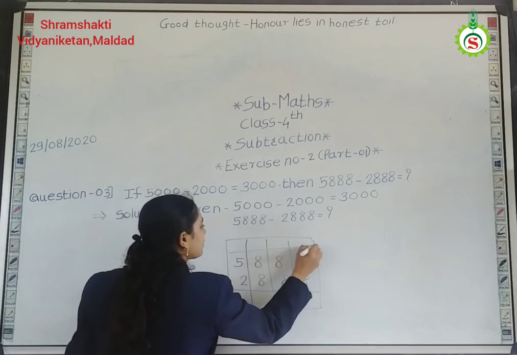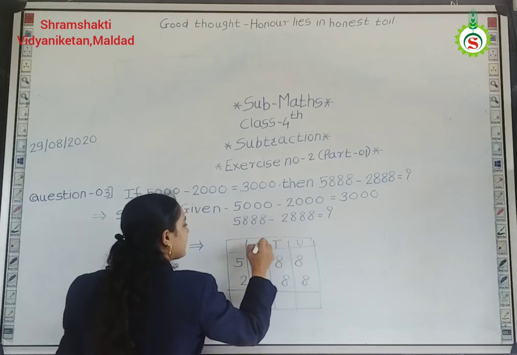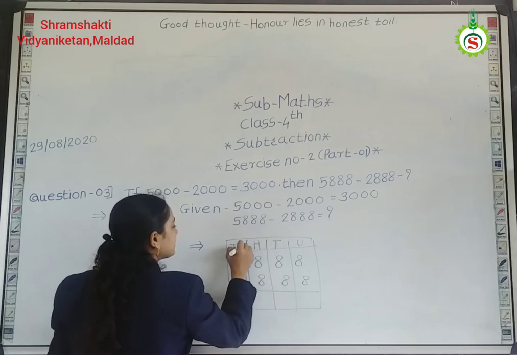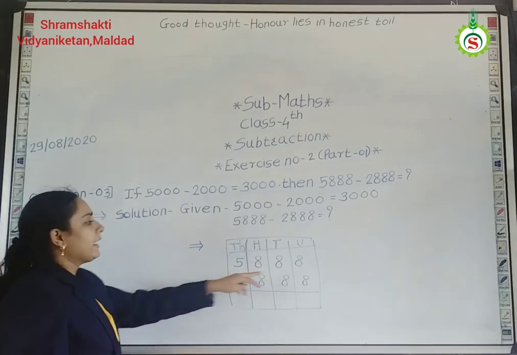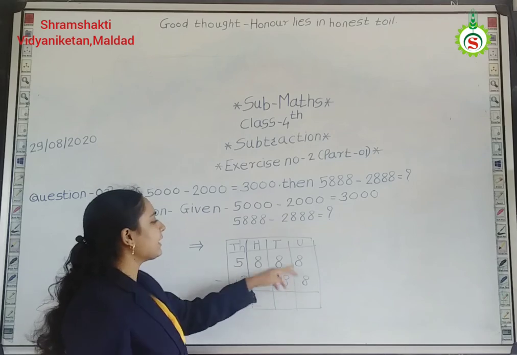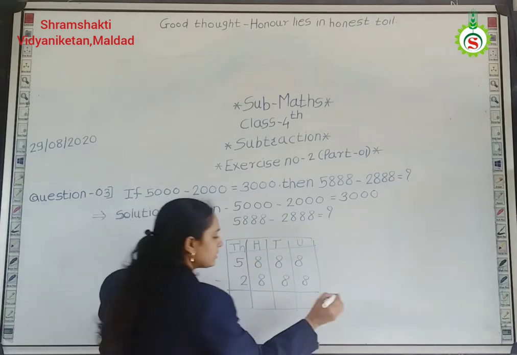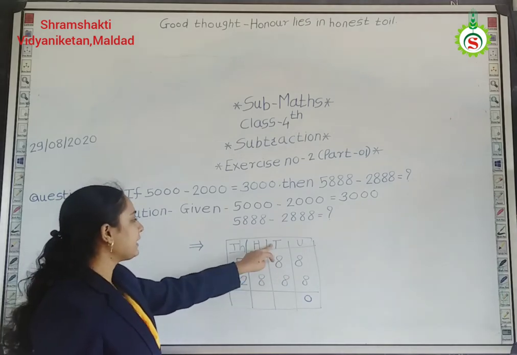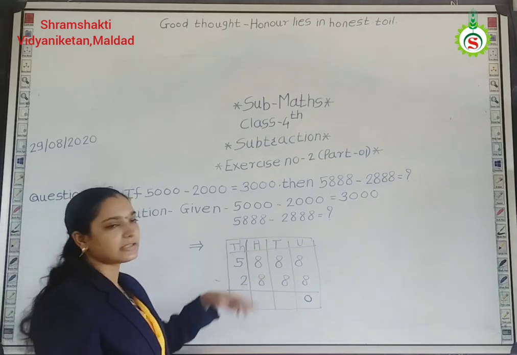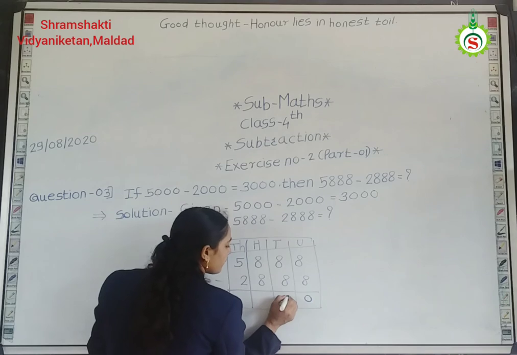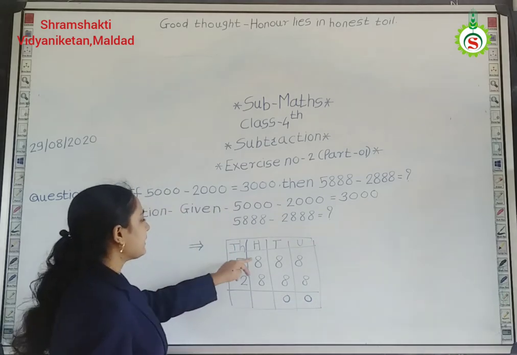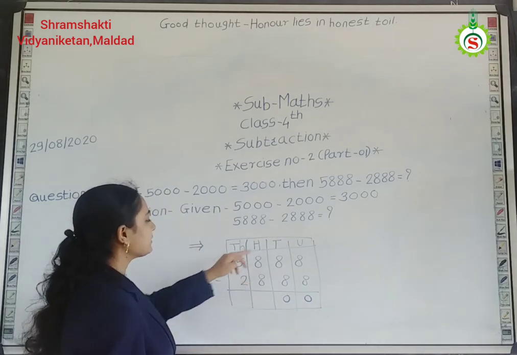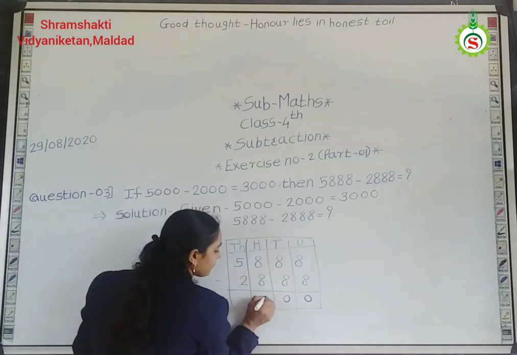So here units, tens, hundreds, thousands. 8 units minus 8 units. How much? 0. Then 8 tens minus 8 tens. 0. 8 hundreds minus 8 hundreds. 0.